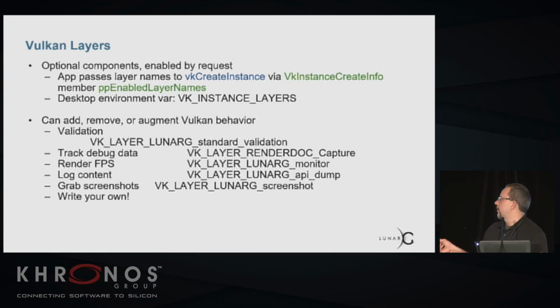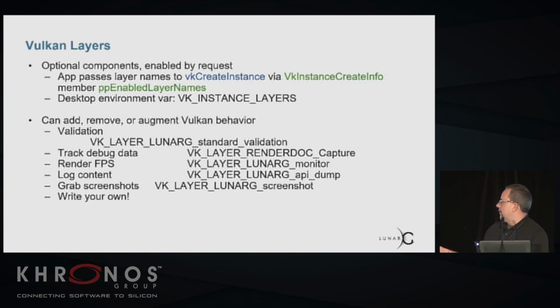These are called layers. And you can set them up from your application during VK create instance, or you can actually force them from the command line on the desktop. So if you want to force on validation to something that doesn't have validation enabled by default, you can actually use VK instance layers.